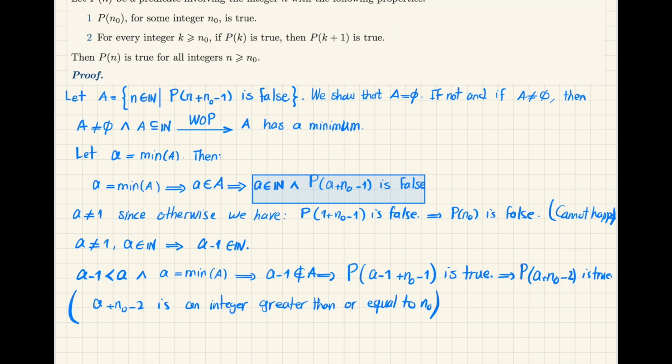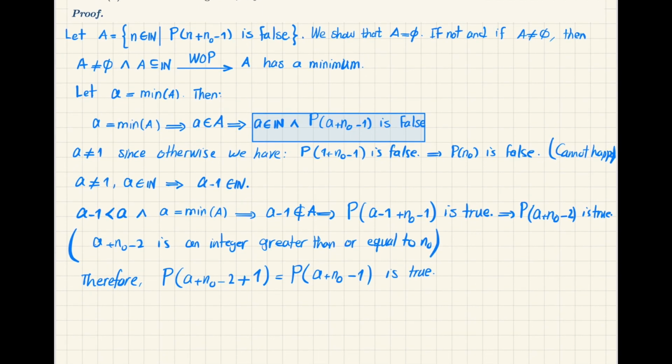So this implies that, so therefore, p of a plus n node minus 2 plus the next plus 1, which is of course p of a plus n node minus 1, is true. But this is a contradiction. You see, here I found that p of a plus n node minus 1 is false. Here I learned that p of a plus n node minus 1 is true.